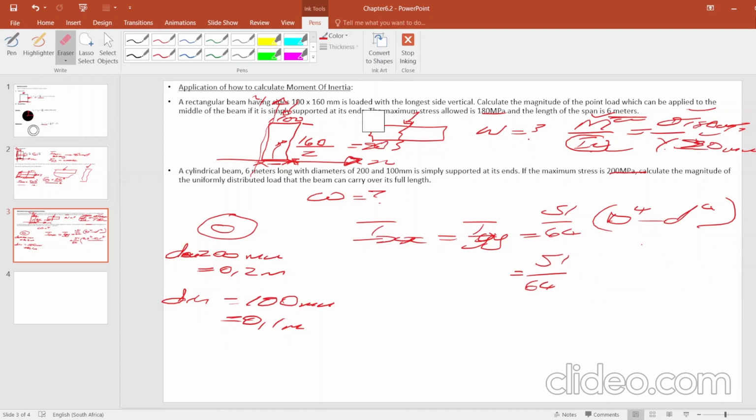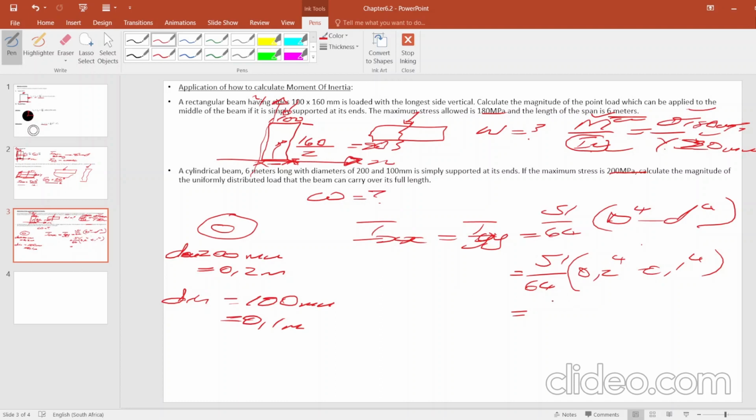Let's write it nicely. It is pi over 64, open bracket, 0.2 to the power 4 minus 0.1 to the power 4. Then we get our answer.